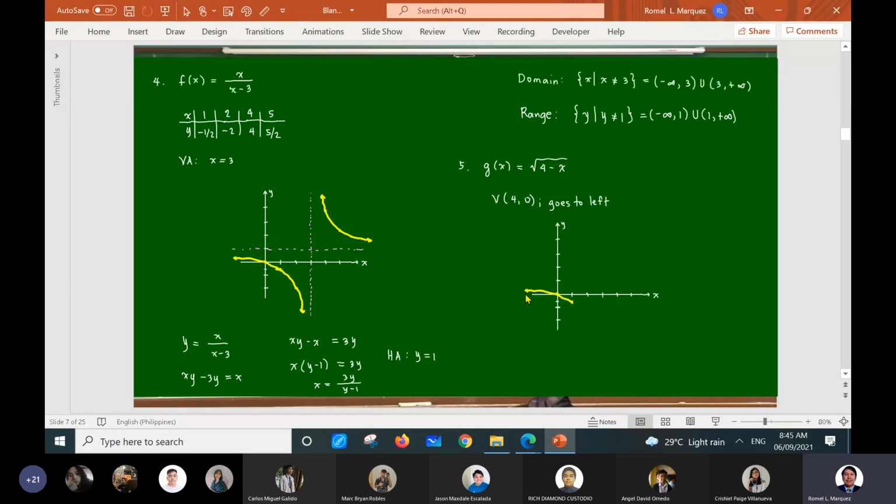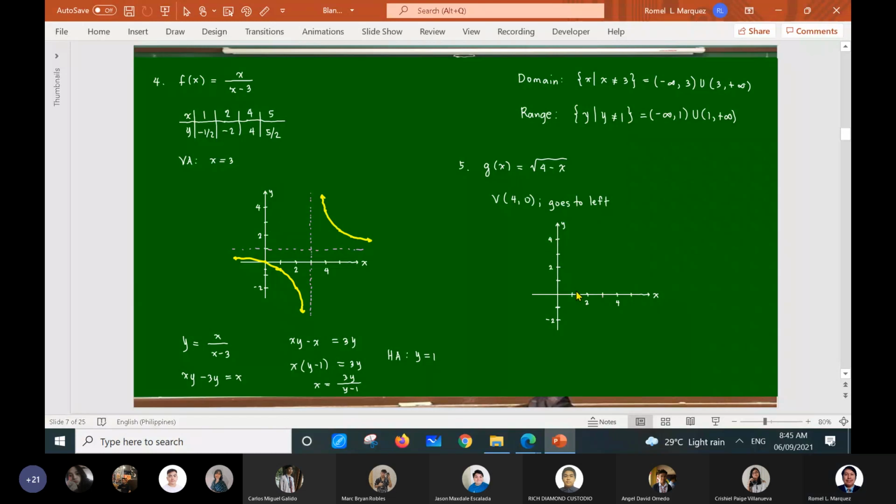Okay, I will erase this part and that part. By the way, let's label this 1, 2, 3, 4, and this is 1, 2, 3, 4, negative 2, 2, 4.